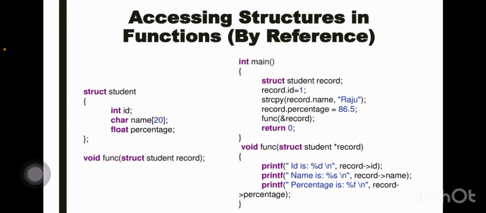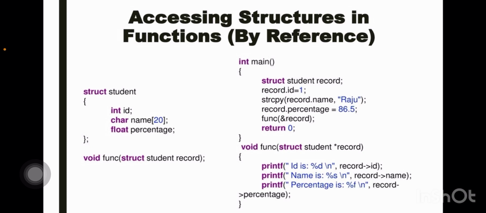Control will go to the definition of the function, that is the void function. And here you can see we have taken a pointer type variable for the structure, because we know that addresses can be stored in pointer type variables. So here we have taken *record, that is a pointer to the structure.